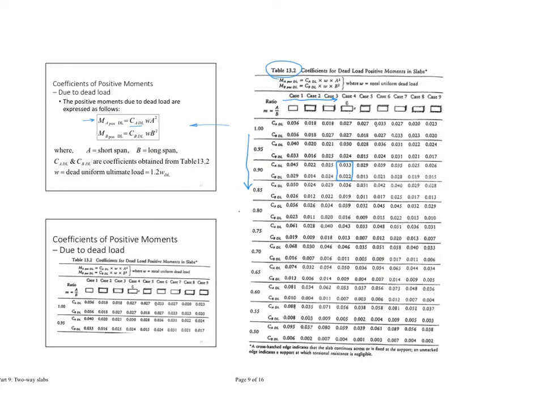Why is there always a number? Because negative moment sometimes is not there, but positive moment is always there. Whether your condition is pin or fixed or fixed pin, there is always a value for the coefficients, because there's always a value of positive moments in slabs.